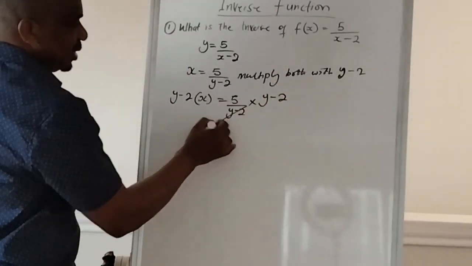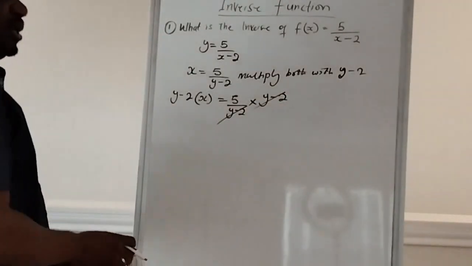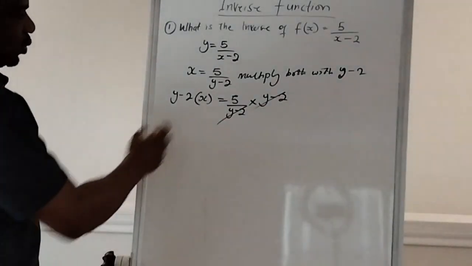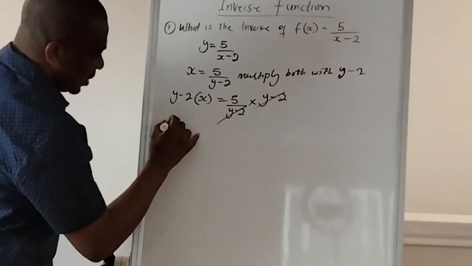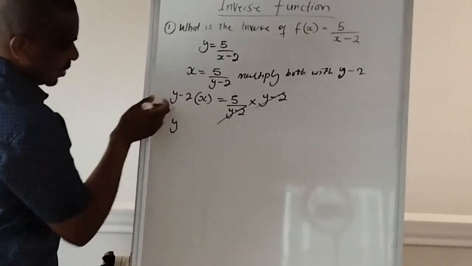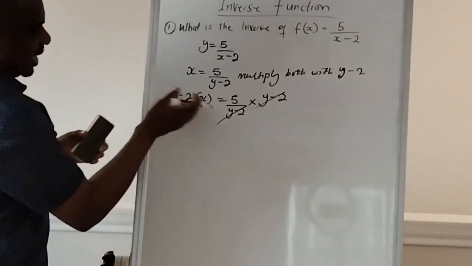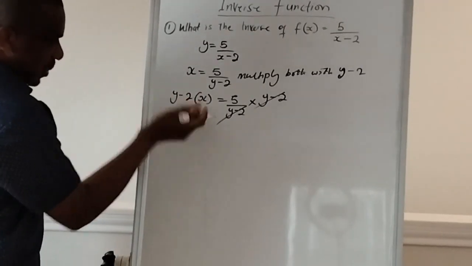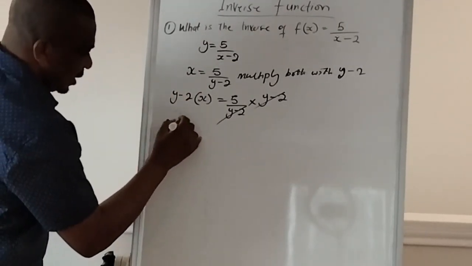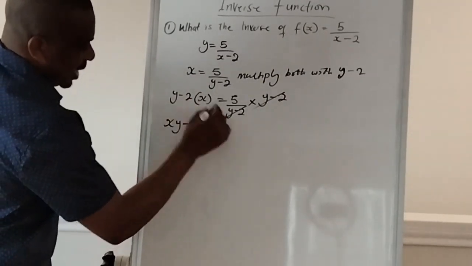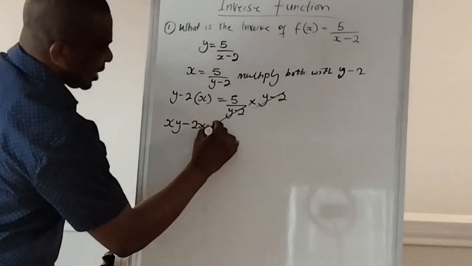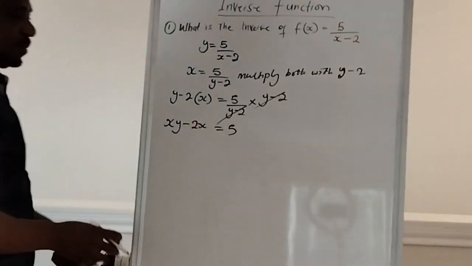We strike out y minus 2 on the right side, so we are left with 5. When we multiply this out, x times y minus 2 becomes xy minus 2x, equals 5.